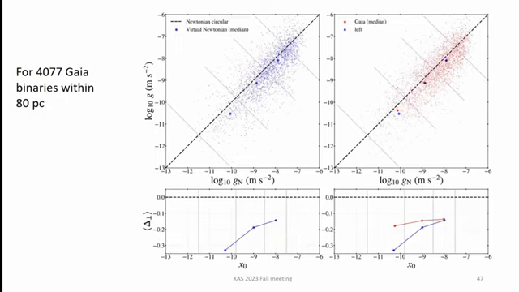Now, what are the results? This is for a smaller sample within a smaller distance. This is the Newtonian prediction, and this is the Gaia data. They are very similar, but there is a slight difference.